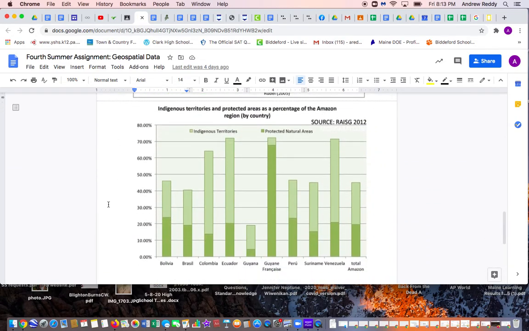Human patterns you see in this chart would be how the indigenous people have moved around, how they have migrated, as well as what the more advanced areas, not the indigenous peoples, but the colonists who came into South America, how did they end up organizing? Because what they did was they protected certain areas. They're protecting certain areas for the indigenous people who live there. So here are the protected natural areas.